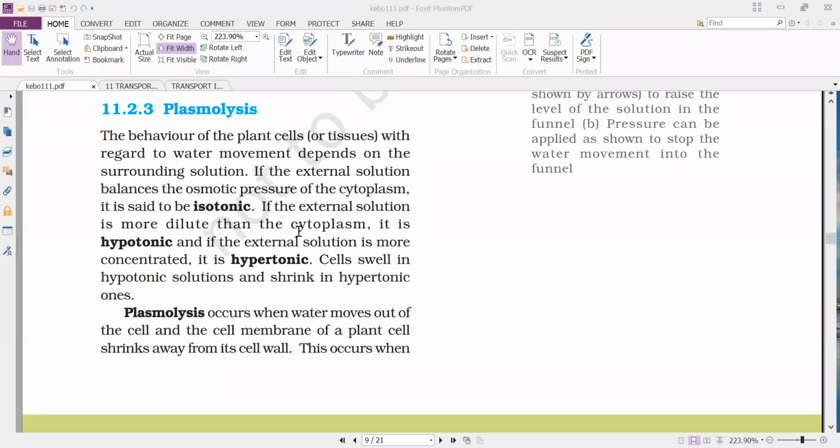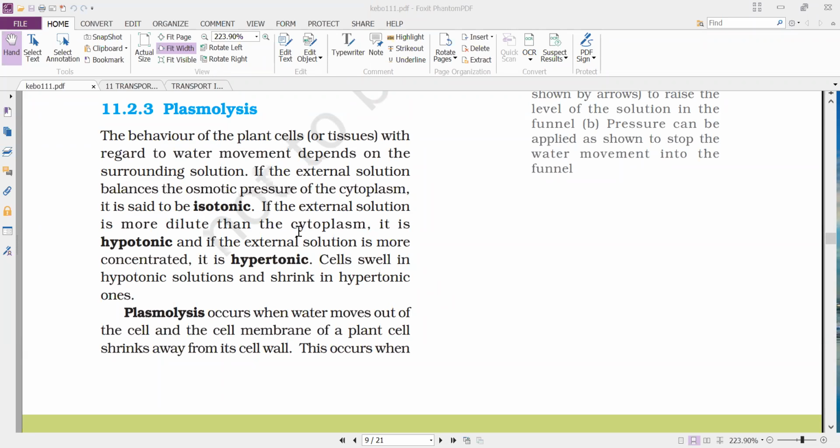The cytoplasm of the cell will lose water and the cell will develop certain wrinkles, which we call cell shrinking. This phenomenon we call exosmosis, the movement of water out of the cell into the external environment. It occurs when the cell is placed in a hypertonic solution.